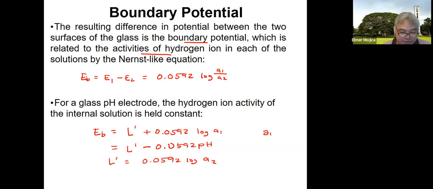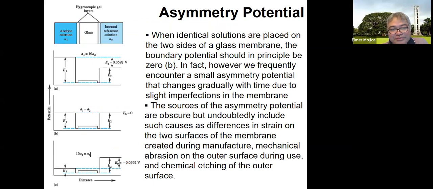Now, what's the significance of the potentials and the difference here? This could lead to what we call the asymmetry potential, as shown here. As I've told you, the glass is the one in between. You have the analyte solution here, and then the internal reference solution.